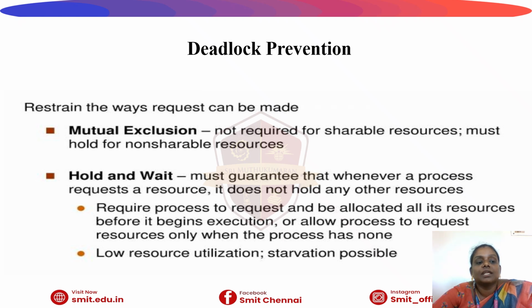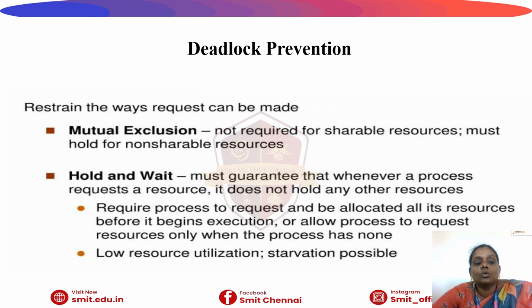Deadlock prevention. In deadlock prevention, make sure at least one deadlock condition never happens. That is to prevent deadlock. For example, only one direction of traffic on a narrow bridge, so deadlock is avoided. In an operating system, request all resources at once.